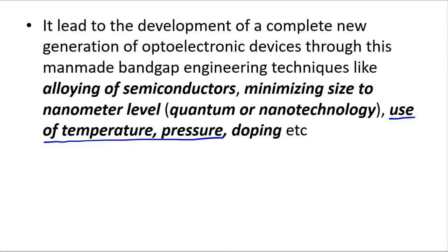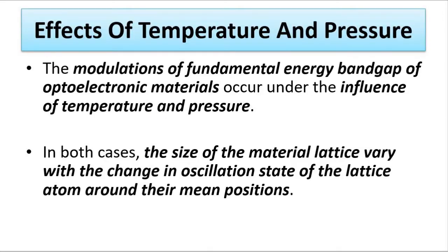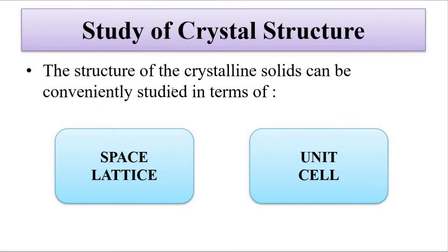So here, before we discuss the effects of temperature and pressure, we have to be familiar with the concept of crystal structures. We know that semiconductors are crystalline in nature. The structure of crystalline solids is studied in terms of space lattice and unit cell.